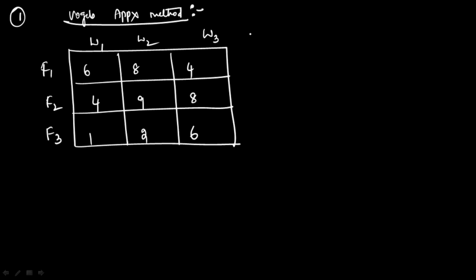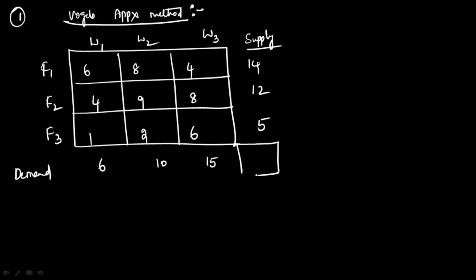We have supply 14, 12, 5, and then demand 6, 10, 15. Now this total is 31, this total is also 31. Now this is the question.